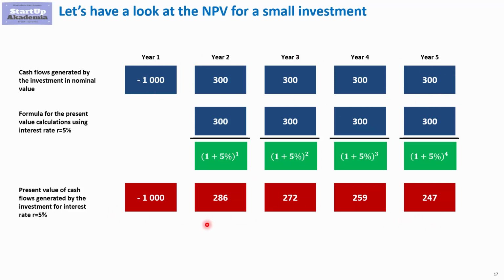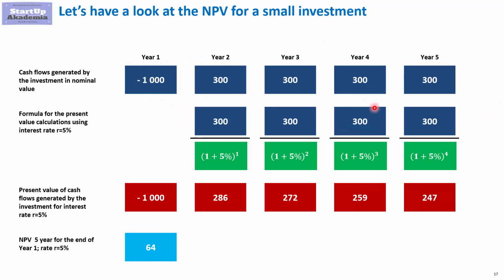So we can finally sum it up, and we get that actually this investment will help us generate $65 in 5 years. So we're gonna spend 1,000 in year number 1. And after that, we will get cash flows that in total will help us generate $64. And this is net present value. So as you can see, we started with the nominal numbers of the cash flows, which we've got in row number 1.